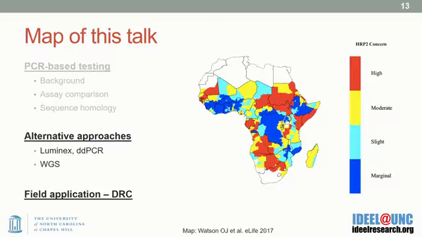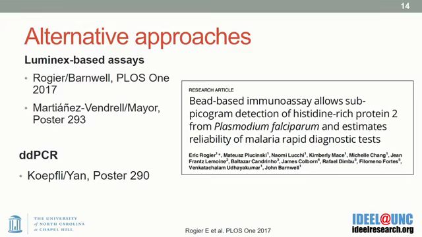So now I'd like to talk briefly about alternative approaches. Hopefully Kumar will touch on this a little bit in our question and answer session, but there's a paper in PLOS ONE that came out this year from the CDC group by Eric Rogier and John Barnwell describing their Luminex platform, which has been successful in detecting very low levels of HRP2 and has the potential to allow high throughput streamlined testing that's not at risk of some of the molecular issues I've just described.